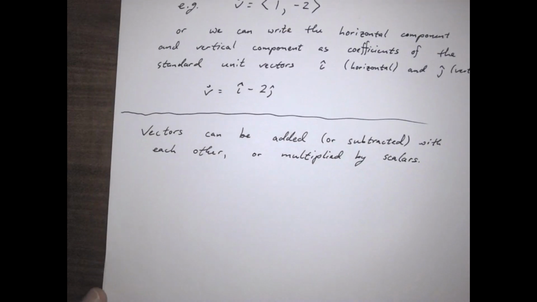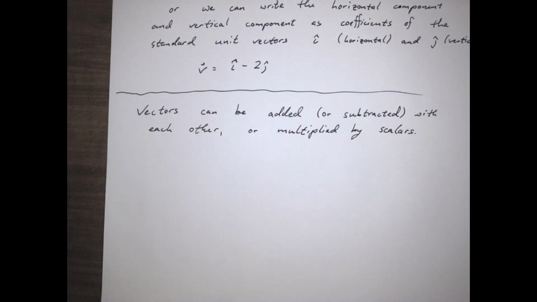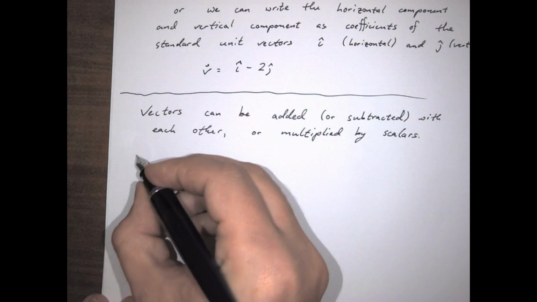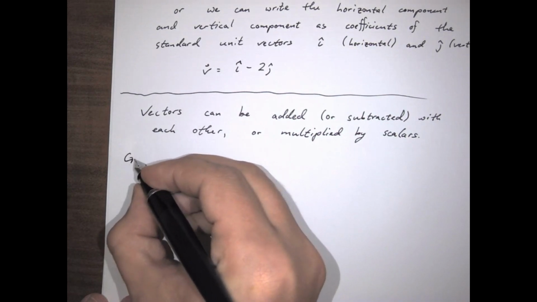Now, what this means is easiest to see graphically and then very easy to do algebraically. So graphical representation.